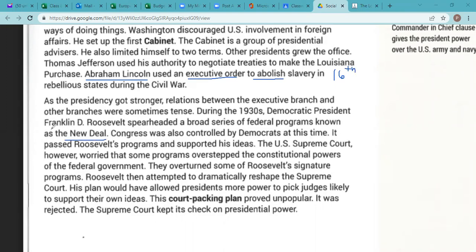Congress was also controlled by Democrats during this time, so it passed Roosevelt's programs and supported his ideas. Now, what is the New Deal? Let's take a look and see what that means.